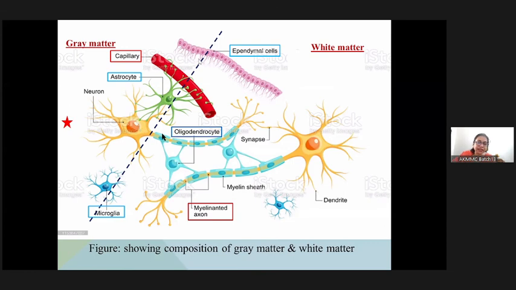It is a line. Can you see any line? Yes, ma'am. By this line, we are separating gray matter from the white matter.